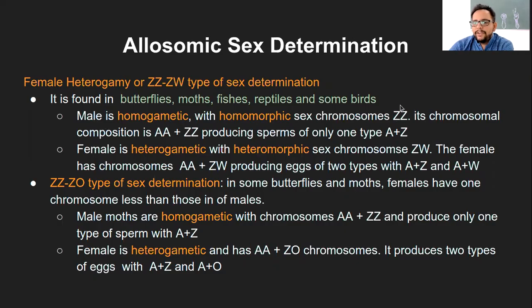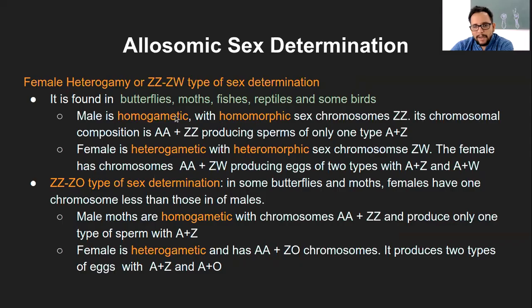In this case the gender will be decided by the presence of W, and that gender will be female. In humans, the gender was decided by Y, and that was male. So it's exactly the opposite, and the denominations have been changed.